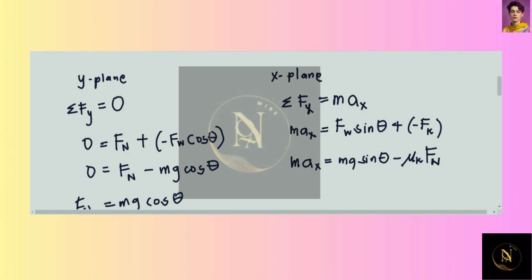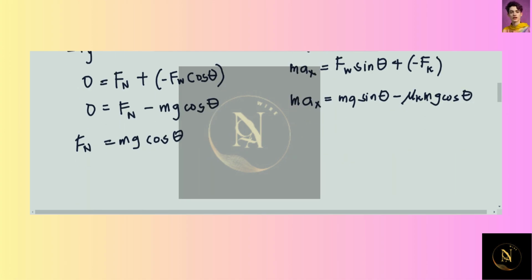And since we know from the equation we have earlier that the normal force is just mg cosine theta, simplifying, we have a sub x is equal to g sine theta minus g mu sub k cosine theta.